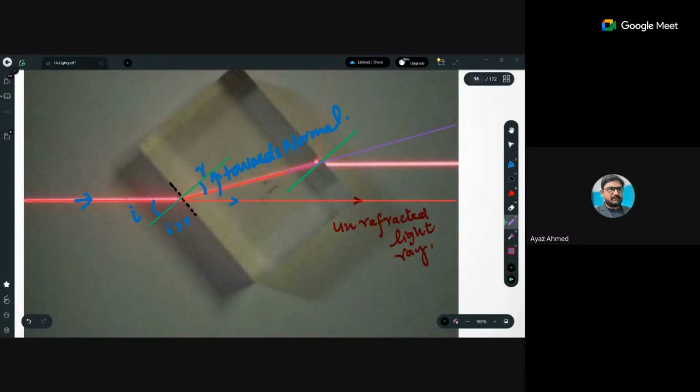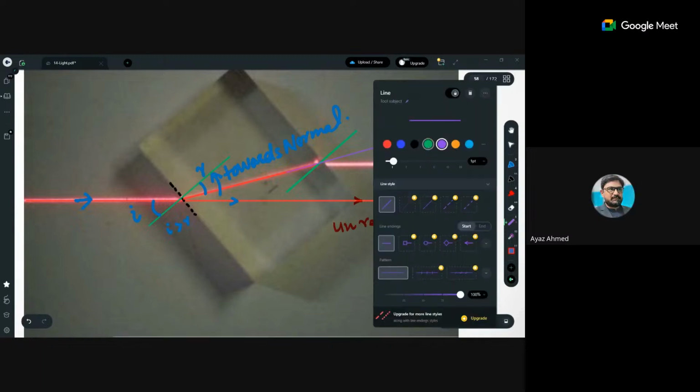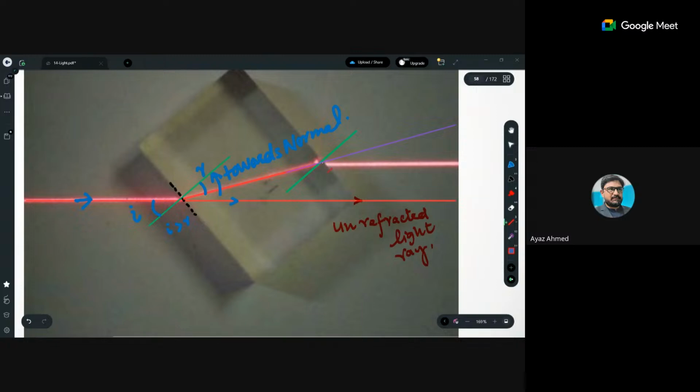But did you notice one thing? What is the behavior of the light when it is leaving the glass slab? This is a real time observation. So here is basically the bending of light. Is this very clear that the light is coming away from the normal, right?